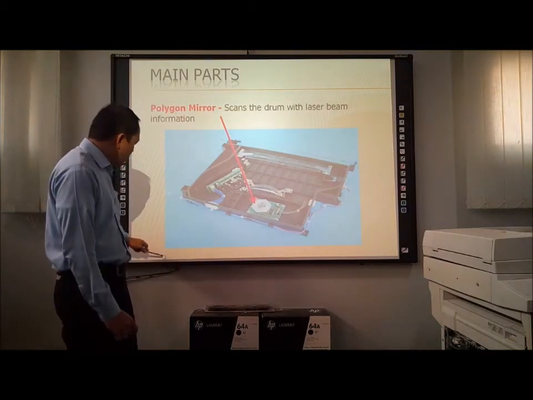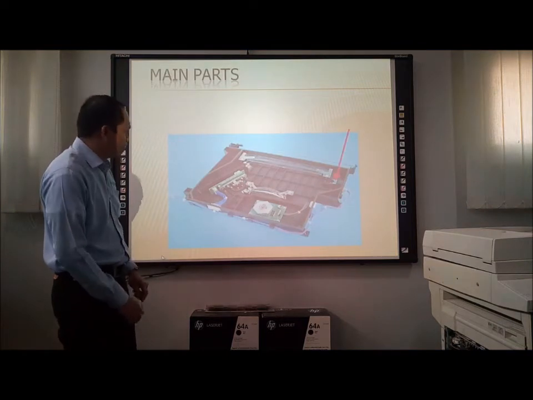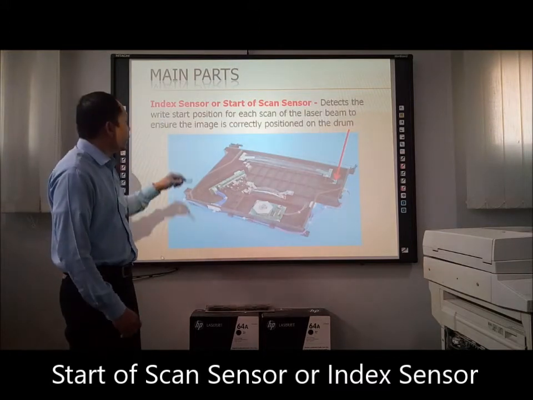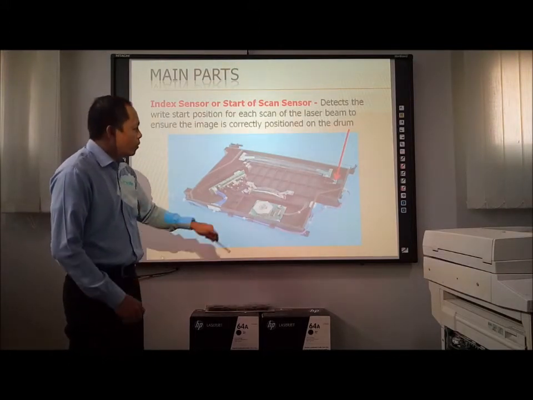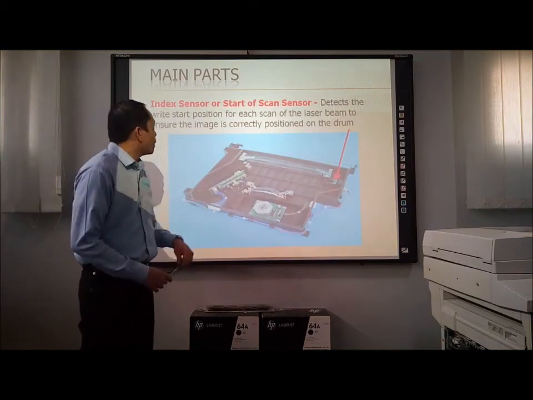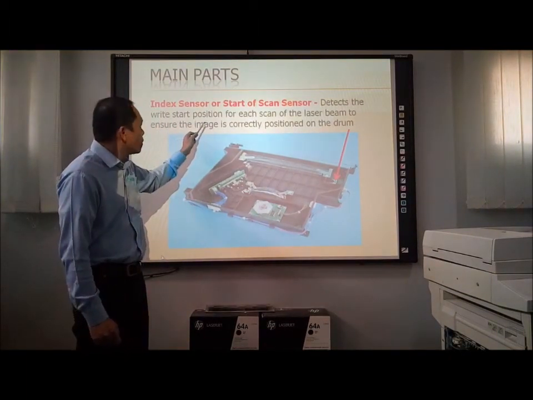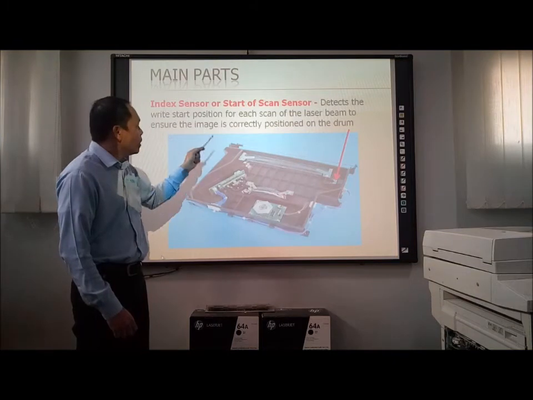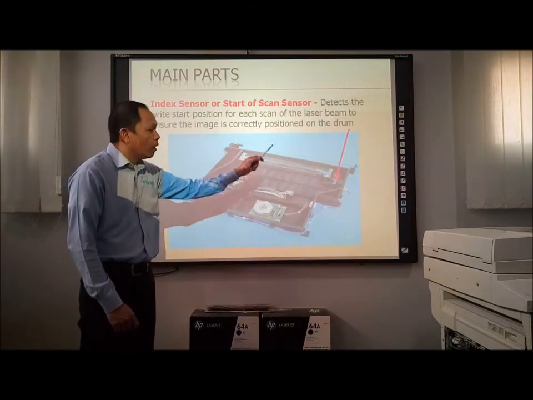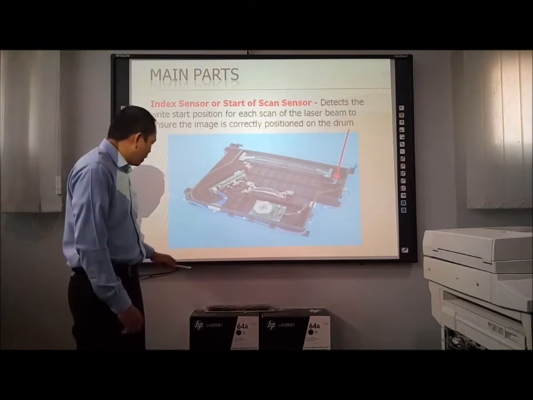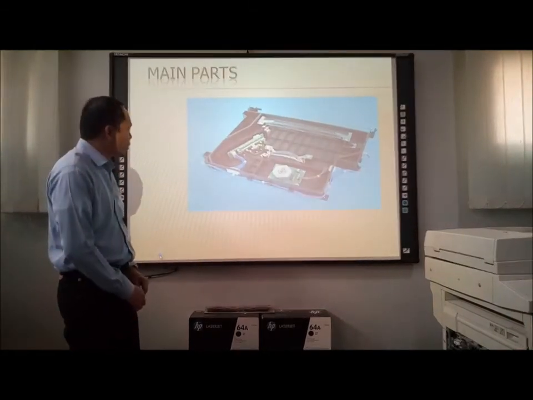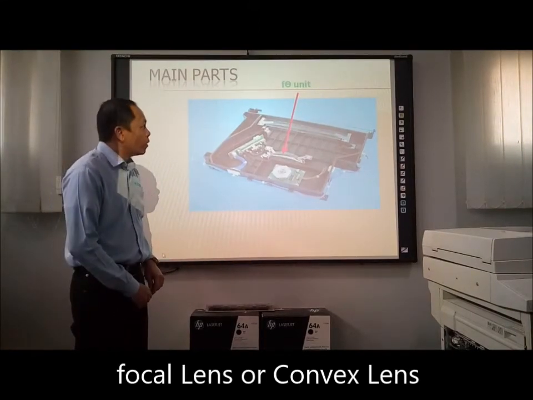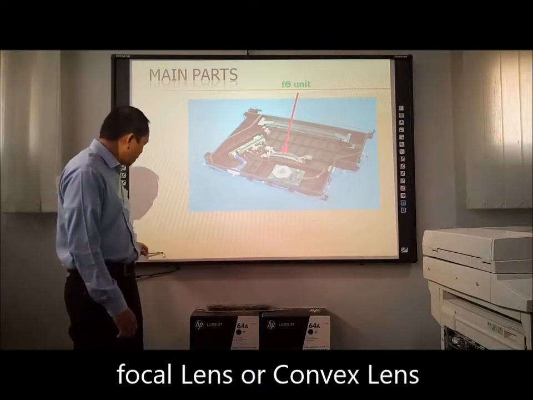Next part is the start of scan sensor or index sensor. Its function is to detect the right start position for each scan of the laser beam to ensure the image is correctly positioned on the drum. Next part of the write unit is the F theta unit or the convex lens.